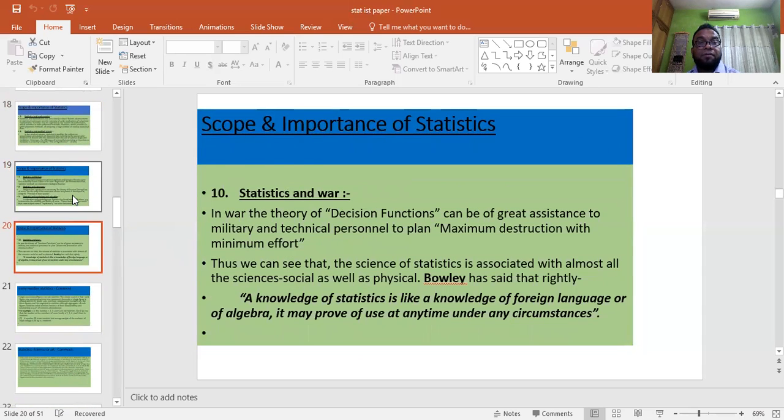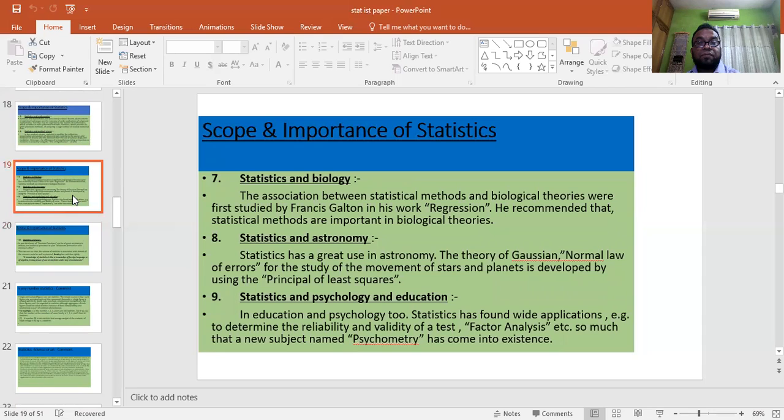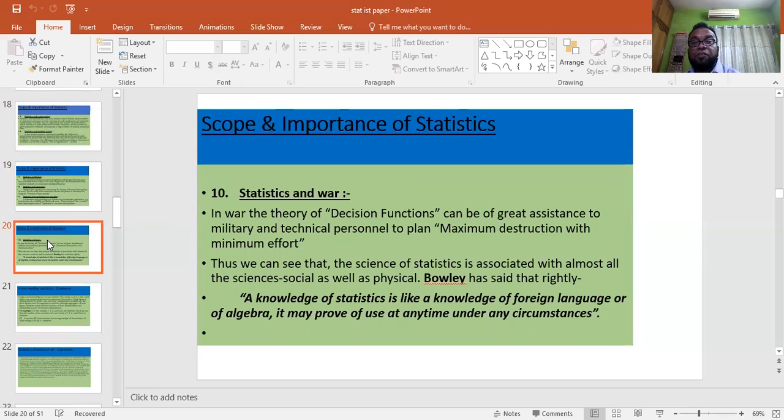Statistics and war. In war, the theory of decision functions can be of great assistance to military and technical persons to plan maximum destruction with the minimum effort.